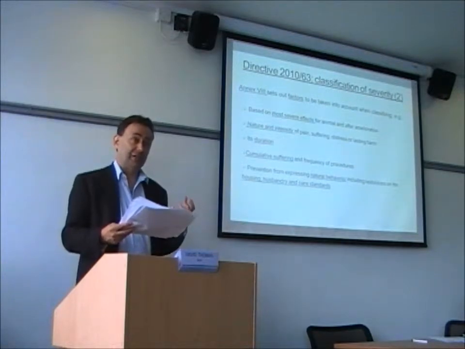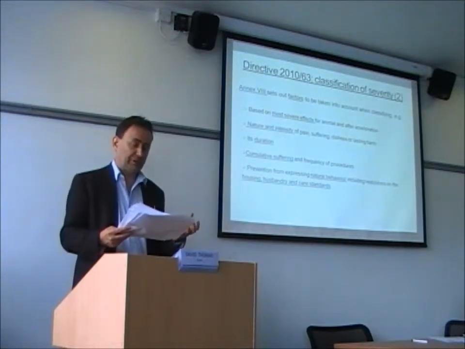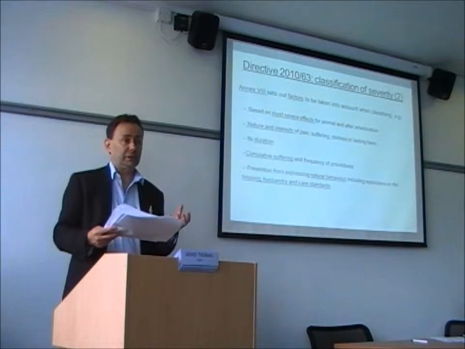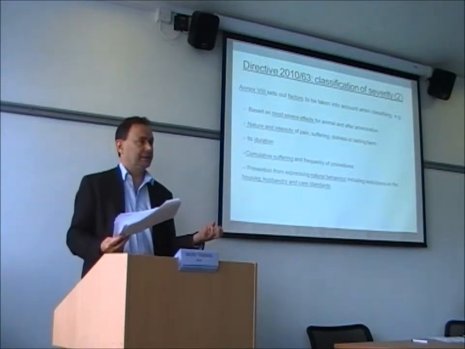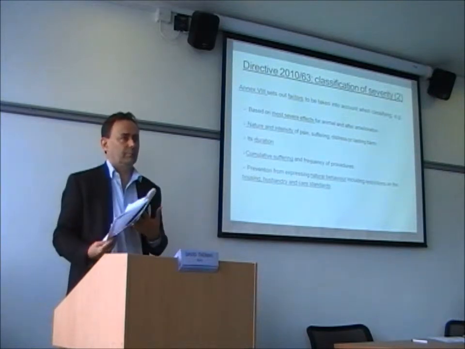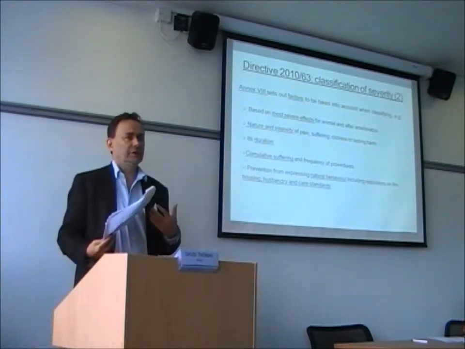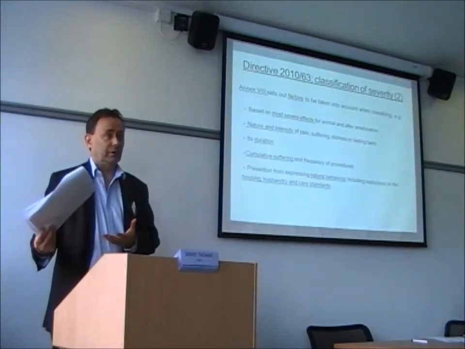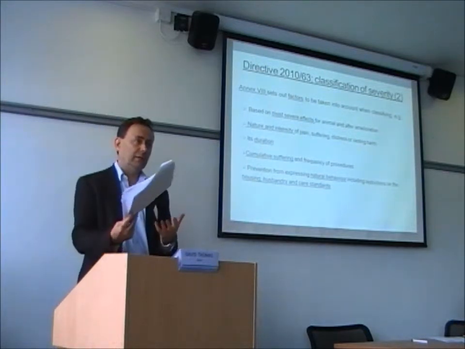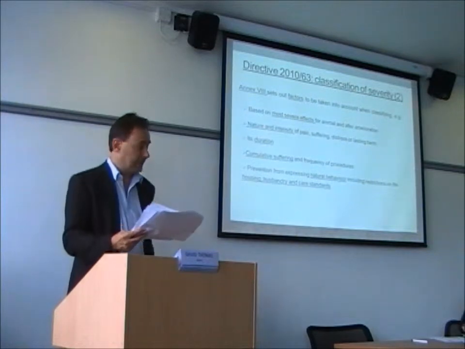You take into account the nature and intensity of the pain, suffering, distress or lasting harm, and the duration, and that's important clearly because, as we all know, pain is a function of both intensity but also duration. I would probably prefer to suffer severe pain for an hour than moderate pain for a day or a week. So pain involves both of those elements.